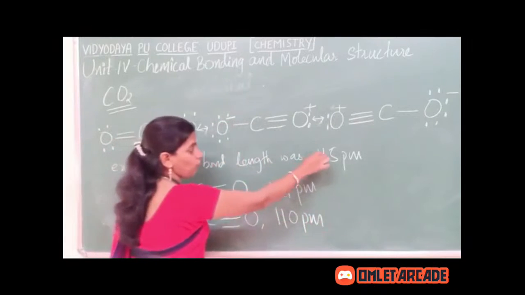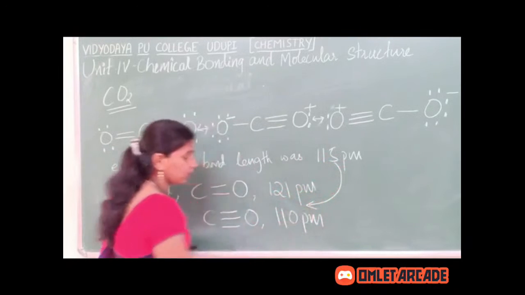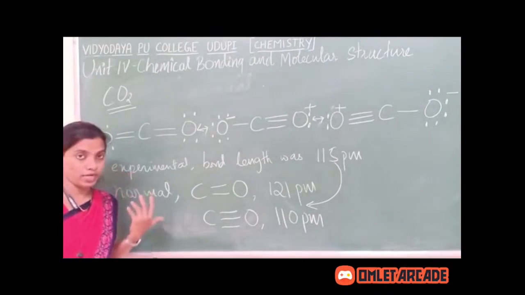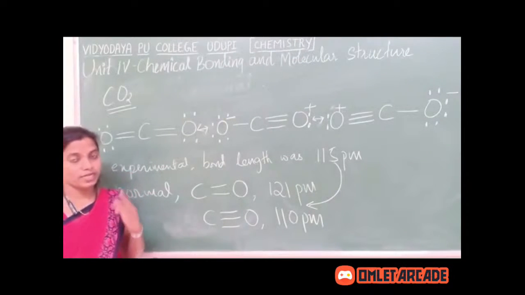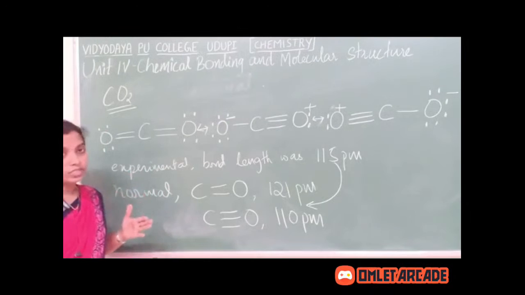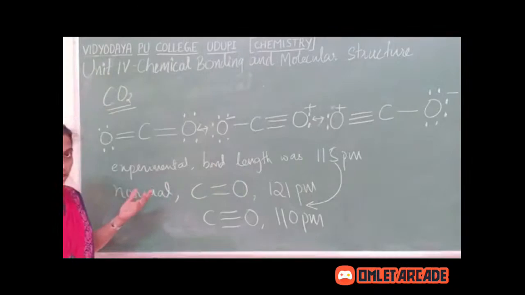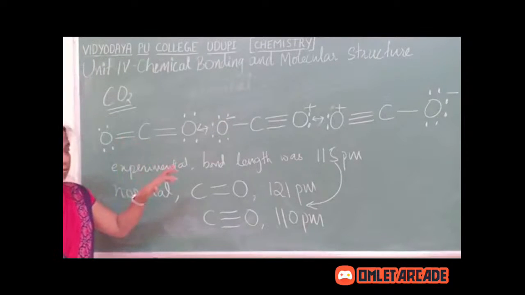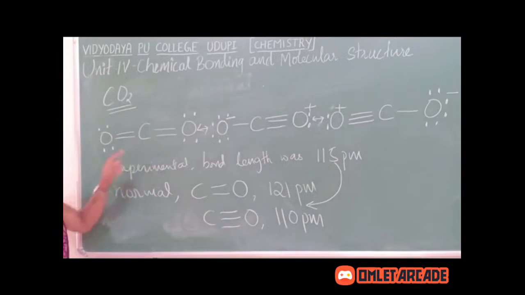Picometer. Now this value is in between 121 and 110 picometer. What does it indicate? In carbon dioxide, the bond length is not a double bond and not a triple bond. It is in between a double bond and a triple bond. While writing the resonance structures, we should show the double bond as well as the triple bond. So in the first structure, both the bonds were double bonds.